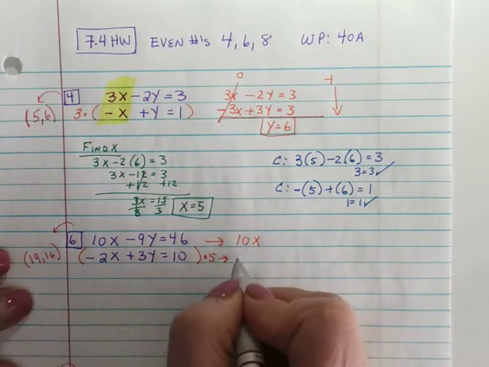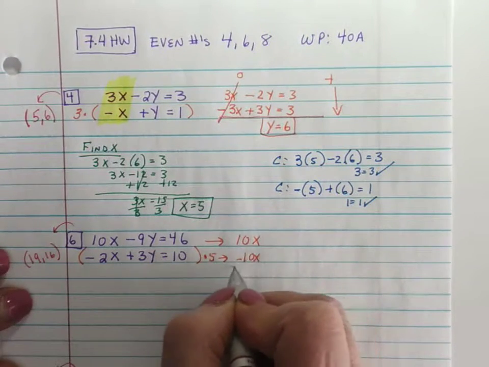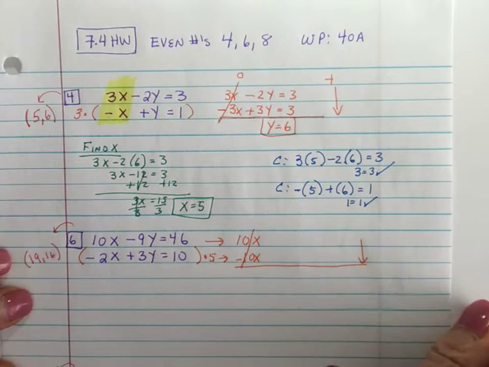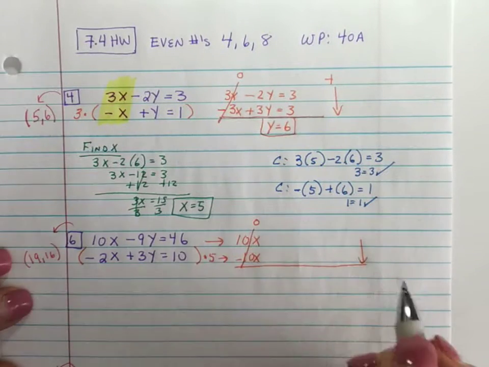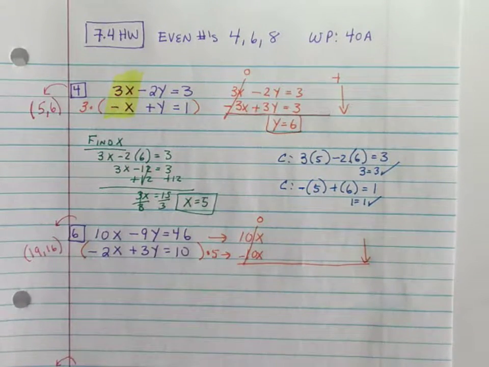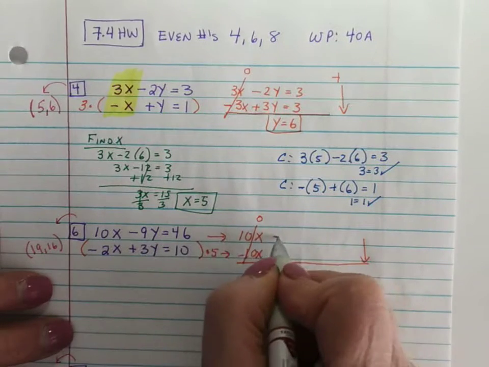5 times negative 2 is negative 10x. When I add down, it becomes 0. I bring this equation over.